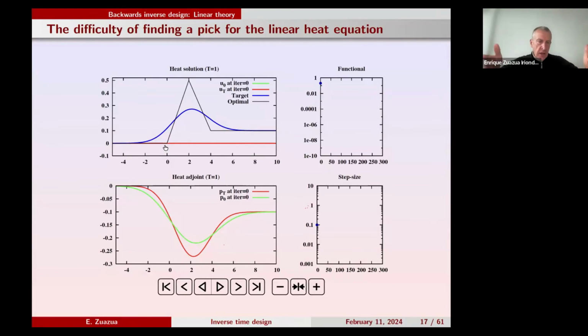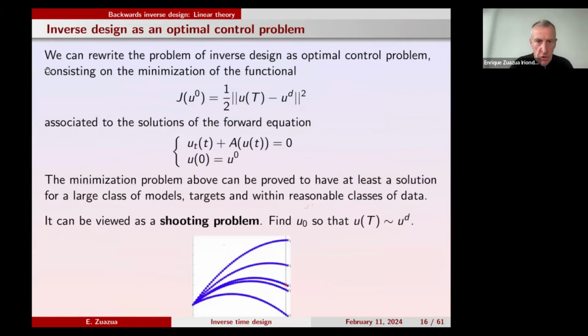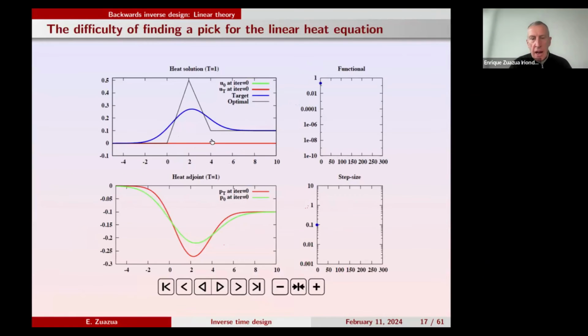Then you will say, okay, fine, no problem. I will implement the least square method mentioned before, by producing some kind of finite difference or finite element approximation of the heat equation. And this is what Alejandro did to show why things are tricky.